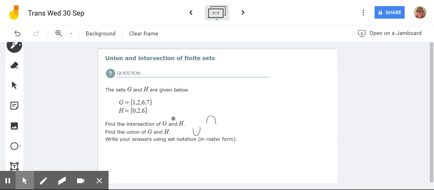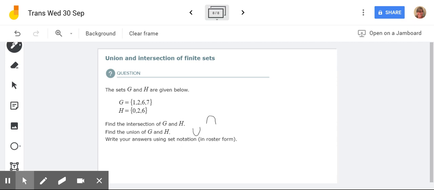So for me, union means add everything. Intersection means what do they have in common? But that is not what the letters mean to me, so I am actually going to look this up real quick.